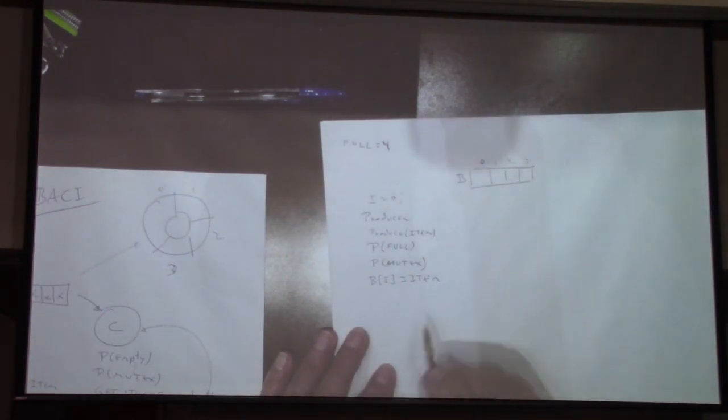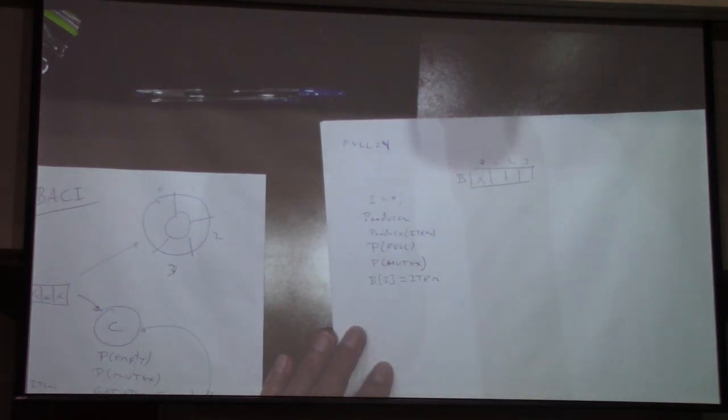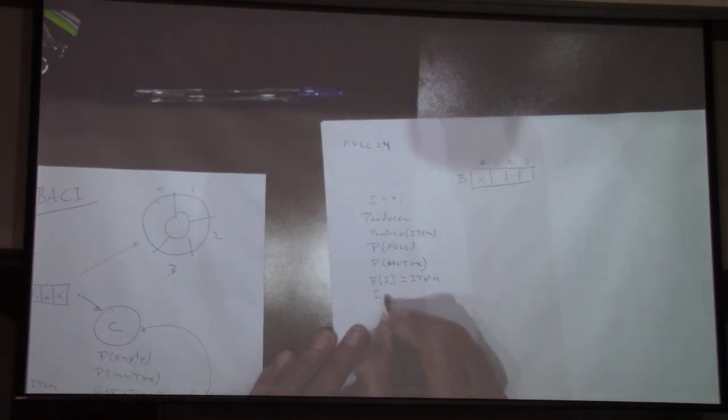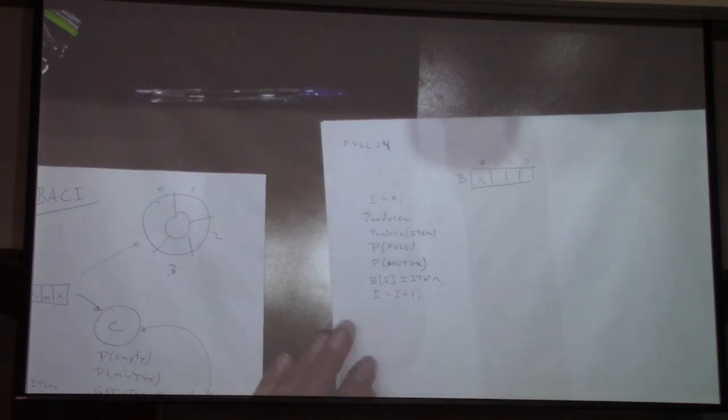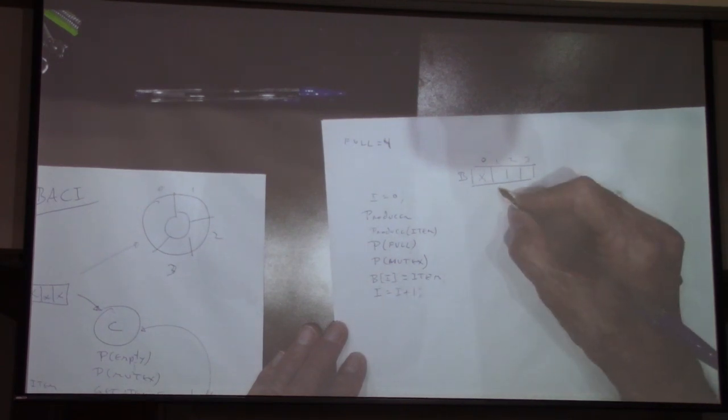Okay? So we place the first item here. Immediately, we have to do an increment on i. So the pointer, the index, moves to the next location.